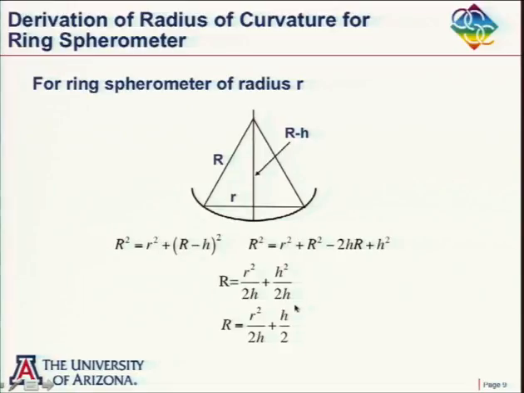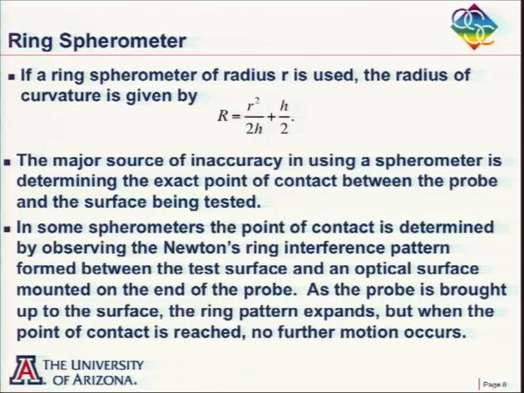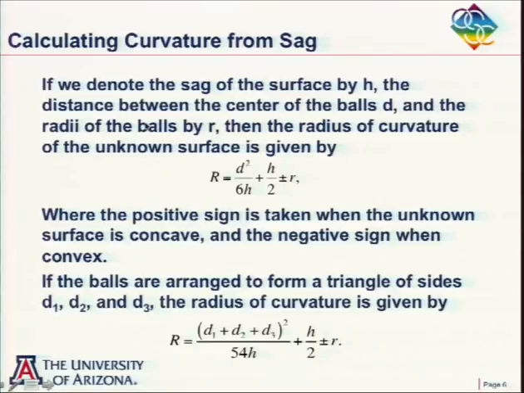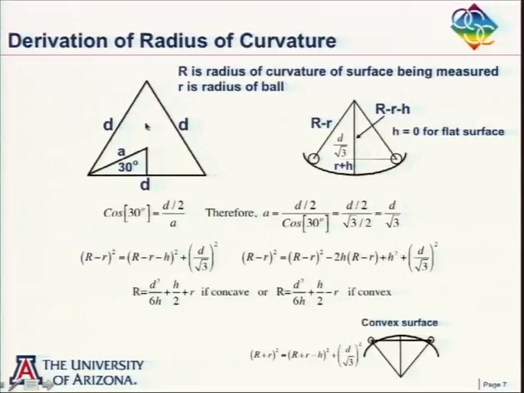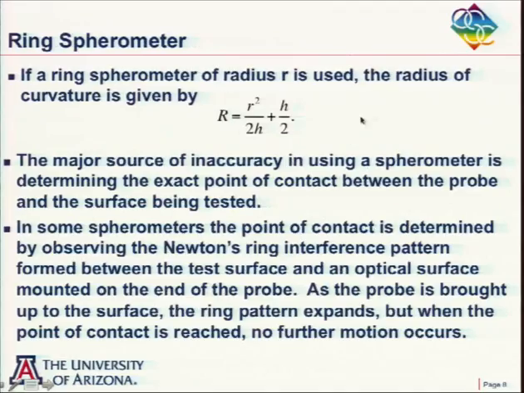And you go through here and simply solve for the radius of curvature of what you're measuring here: little r squared over 2h plus h over 2. These are not as common, at least in my experience, as the ball one here.